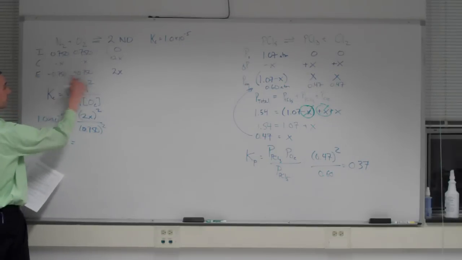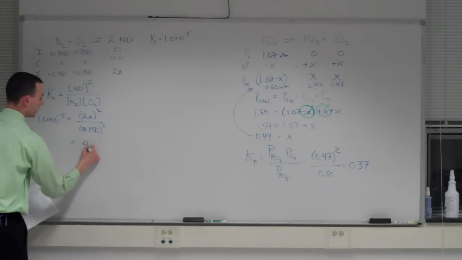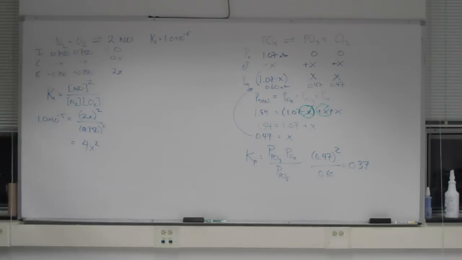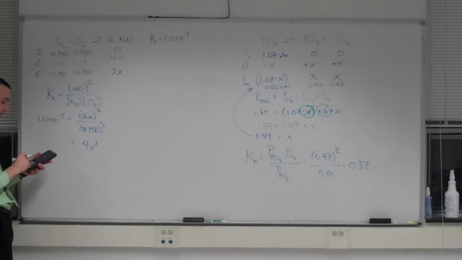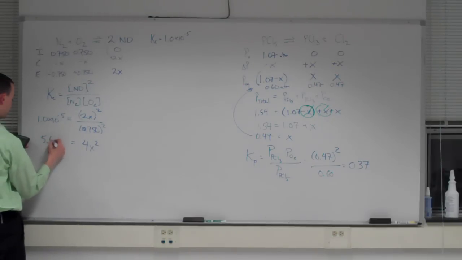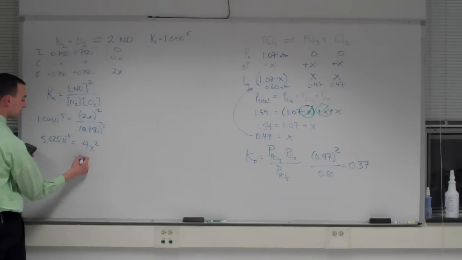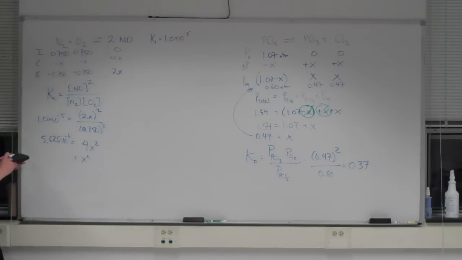Okay. Since both of these are 0.75. So our 4x squared, when I square both the 2 and the x, I'm going to bring this over to the other side now, is 5.625 times 10 to the negative 6. I'll divide by 4.